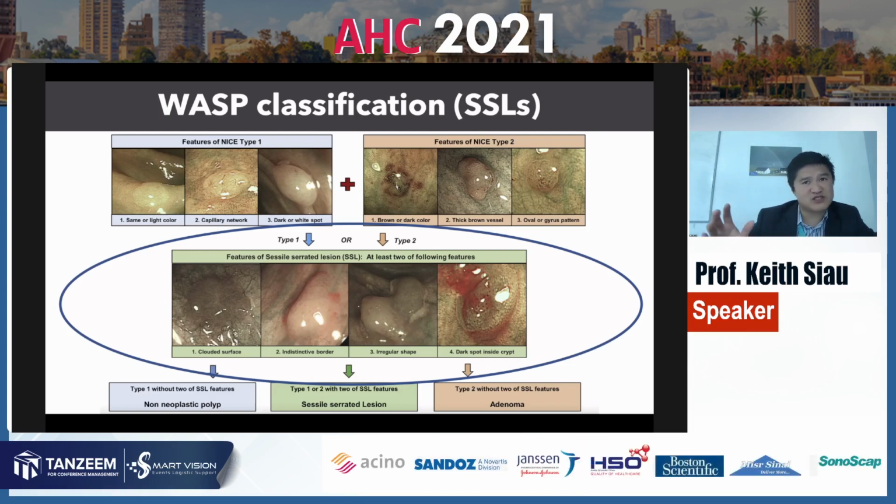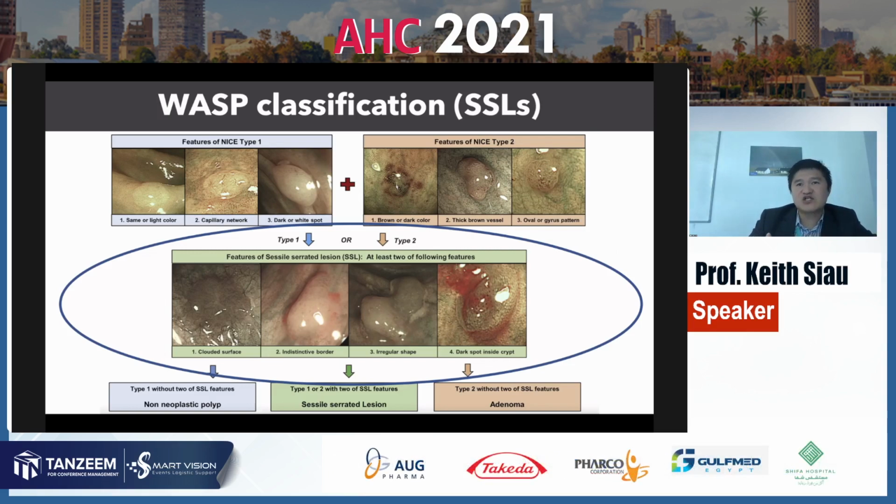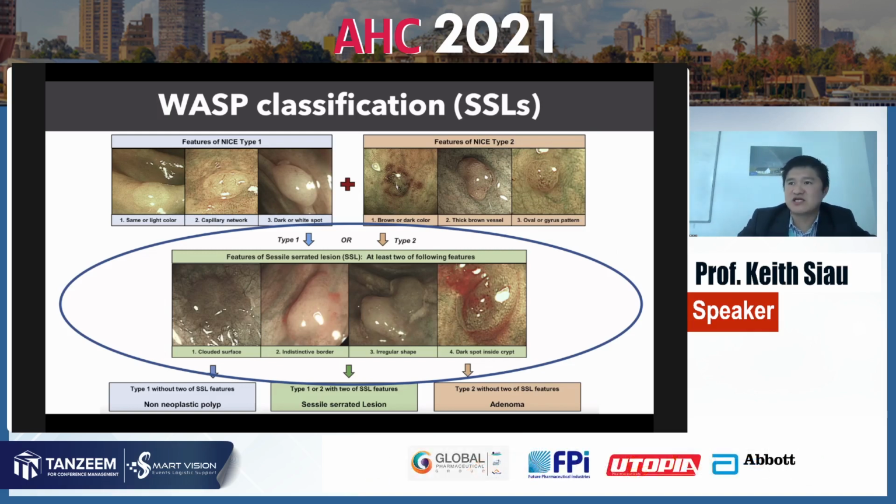People thought they were just hyperplastic polyps. And then we realized that these little lesions with mucus caps overlying them actually cause cancer. And now we are taking more attention to SSLs and even benchmarking SSLs. So SSL detection rates are now a benchmark, or becoming a benchmark in colonoscopy.